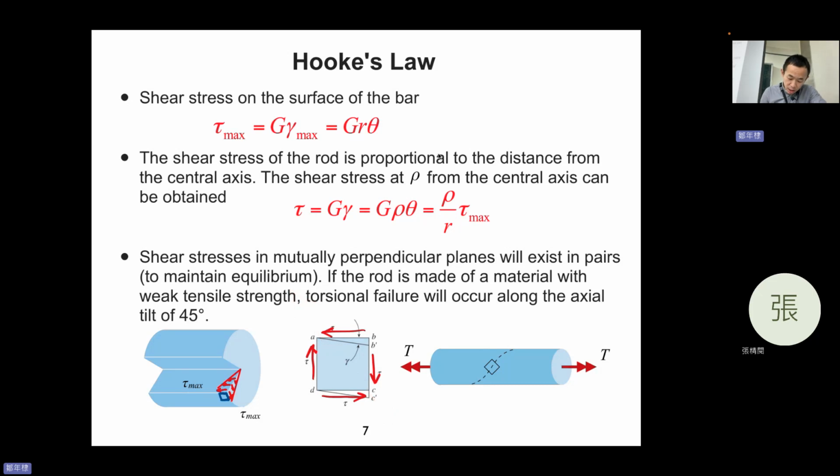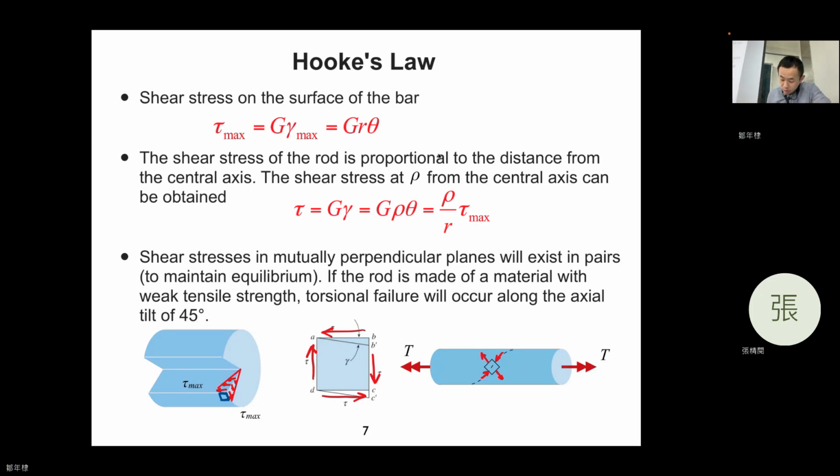You can imagine that if you draw the element at 45 degrees, you will have an element like this.